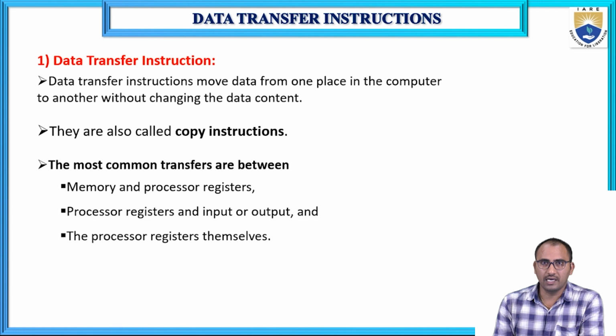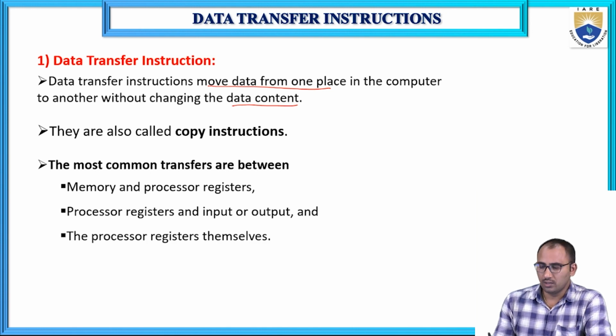The data transfer instructions move data from one place to another place inside the computer, without changing the data content. Using these data transfer instructions, we can copy the data from one place to another place within the computer without modifying.